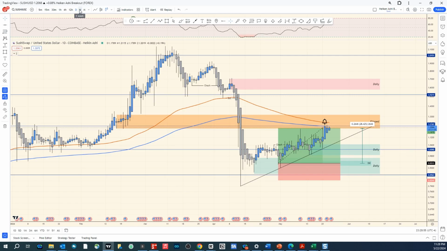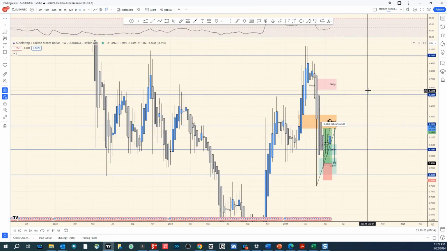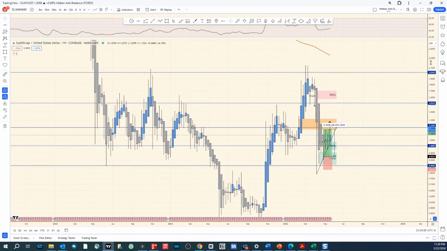We still start at the weekly time frame because I like to place my key levels, which are these blue lines from the weekly. What I'm looking at in particular is points where price either reaches and then cascades down, or bounces off and goes up.